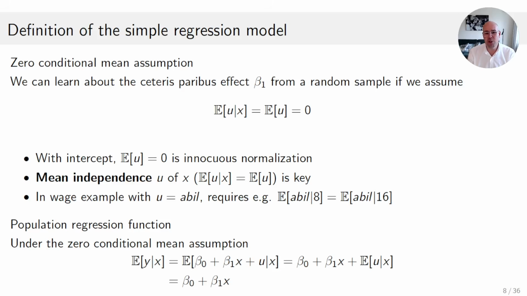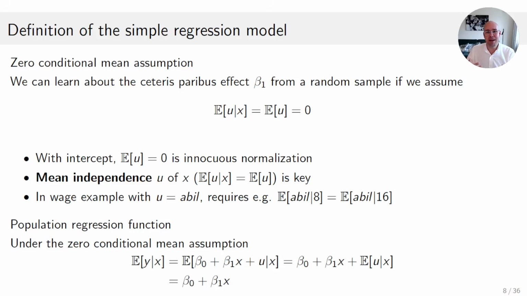So what this shows is that this is a really, really strong assumption that we would have to make here in this context, implausibly strong, right? Why is it implausibly strong? Well, because what is here in the conditioning set, this 8 and the 16, is actually a choice. And this choice is made in light of ability.